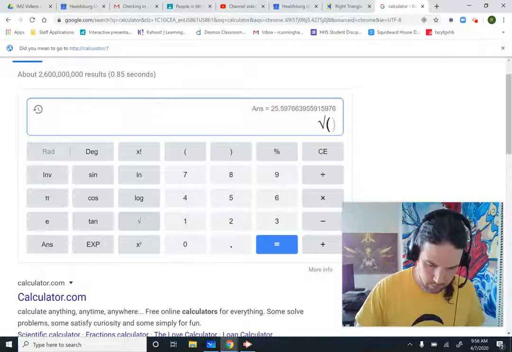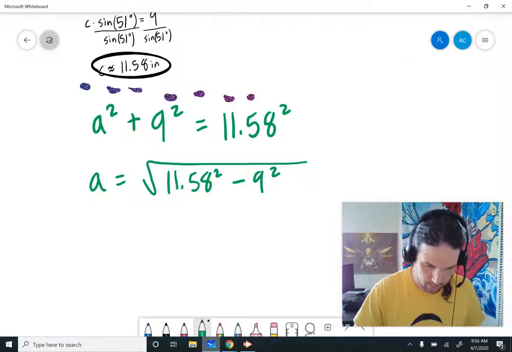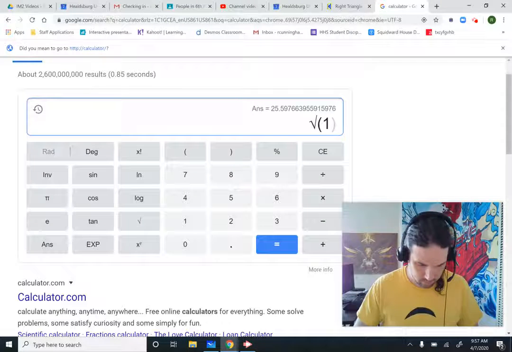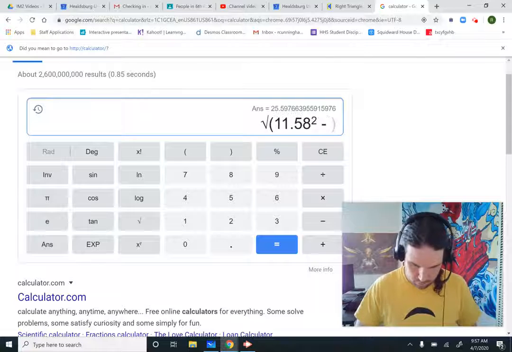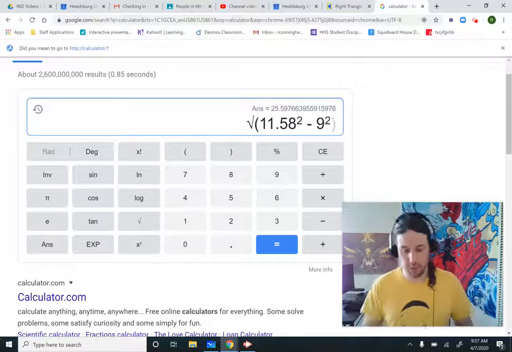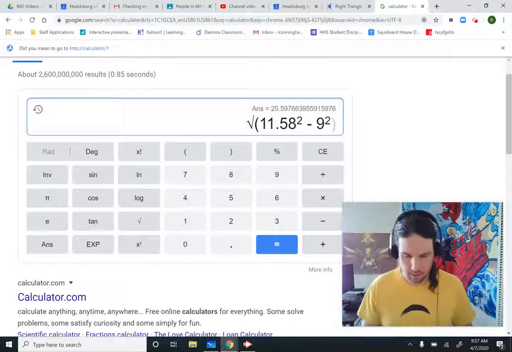All right, square root of 11.58 squared minus 9 squared. You can do all of these commands on the keyboard, by the way, instead of hitting the buttons with the mouse.